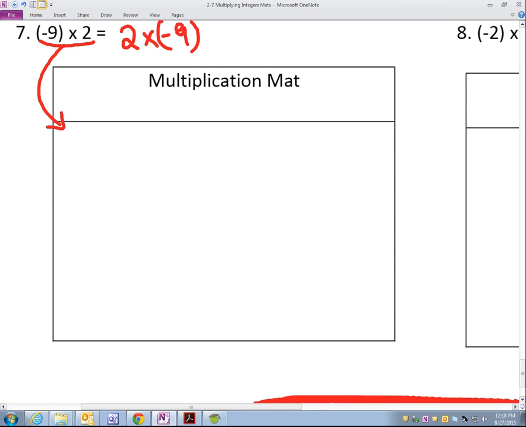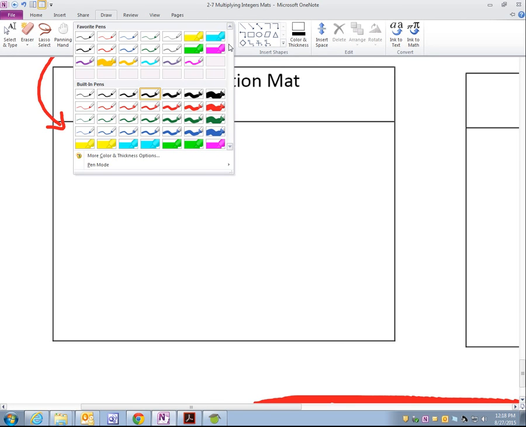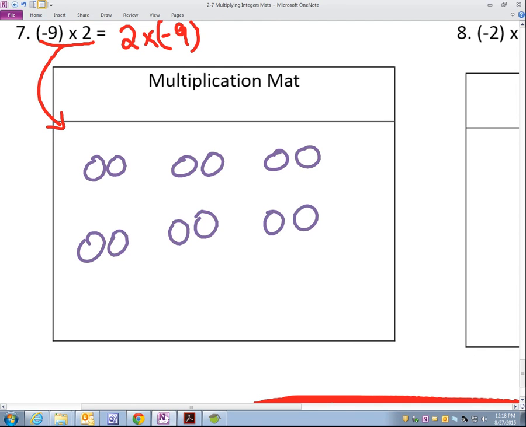So I'm going to create nine groups of 2. Those are all positive.